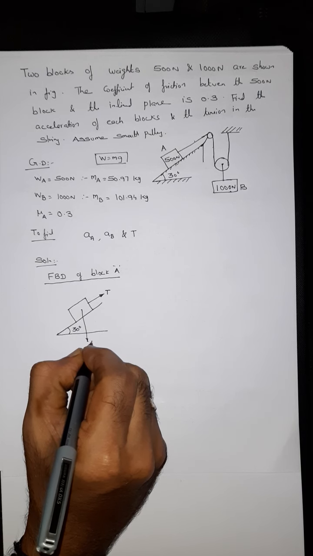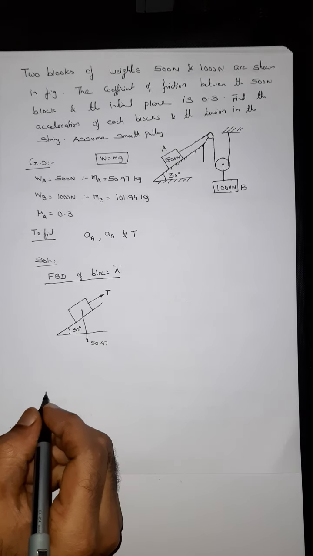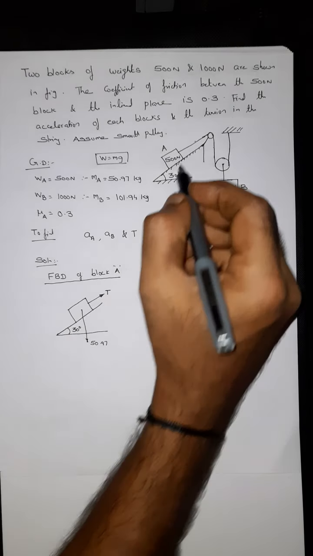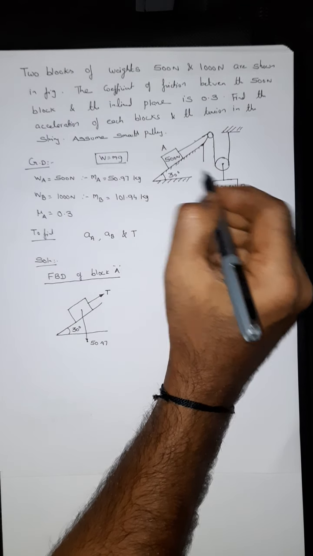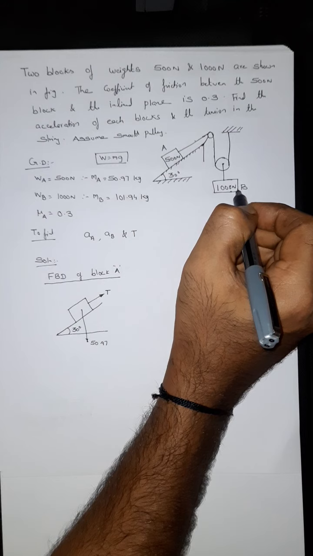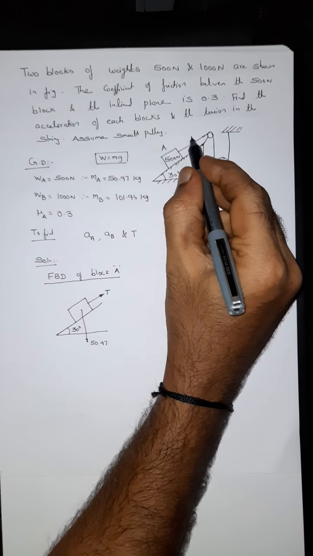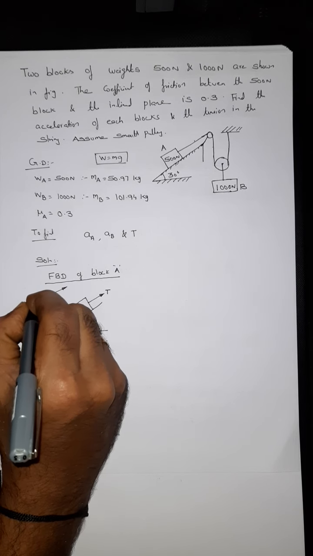So tension T. Here the weight would act vertically downwards. This is WA, which is 50.97. Since the weight of block B is greater than A, the block A is moving upwards, so this is the direction of motion.